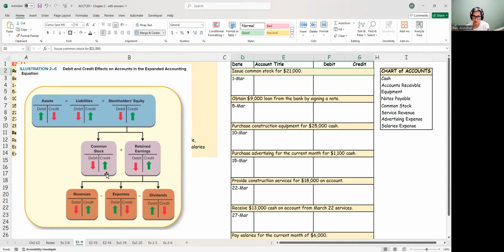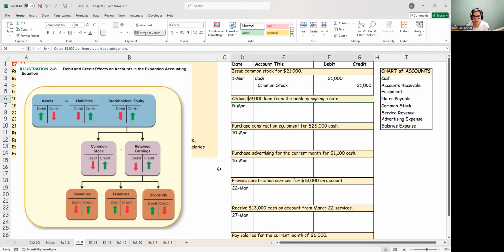So common stock increases, which means retained earnings increases. So in my journal entry, I will have cash debit and common stock credit, and the dollar amount is $21,000. So cash debit, common stock credit, my accounting equation is in balance. Both sides have gone up by $21,000.